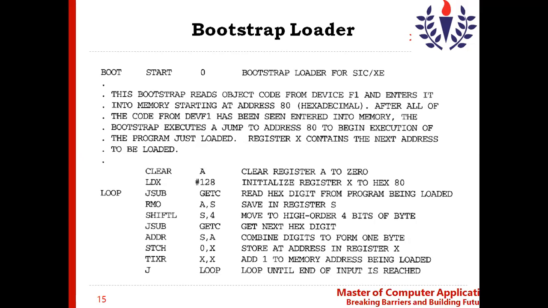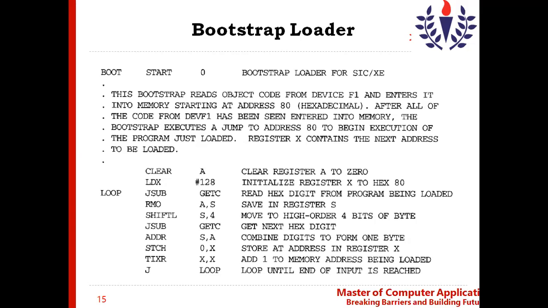Then we have the JSUB. Once the first character is read, then again the second character has to be read. So for getting the next hexadecimal digit, we call the GETC function again.